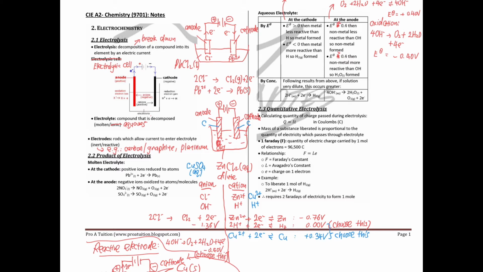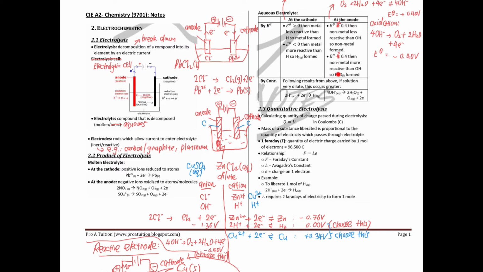If E theta is more than 0.4, before you swap it is 1.36, then the non-metal, referring to the chlorine here, is more reactive than hydroxide. So we don't choose the more reactive one. We choose hydroxide to form water.